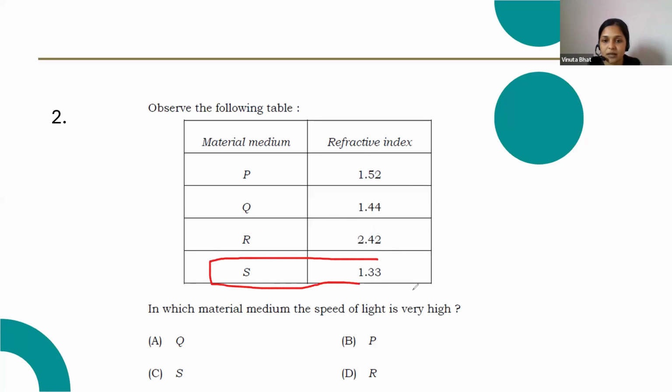That is S, which has 1.33. Where the refractive index is less, the speed of light is very high. So in the S medium, the speed of light is very high. Option C is the correct answer.